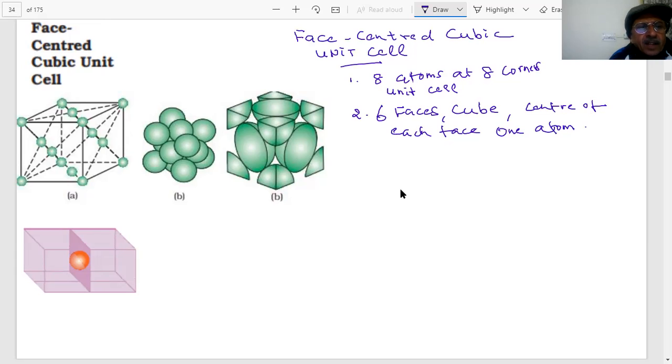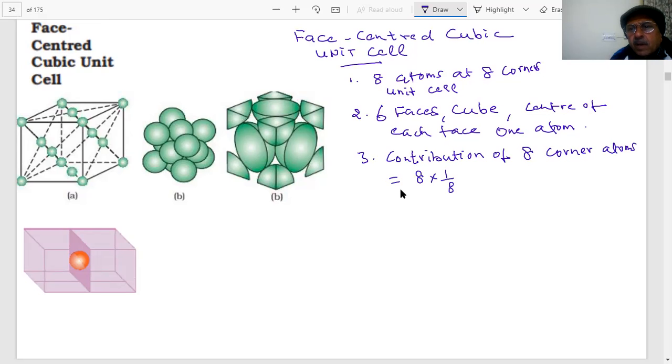And that atom at the face, what is the contribution of 8 corner atoms, students? 8 into 1 by 8, that is 1.